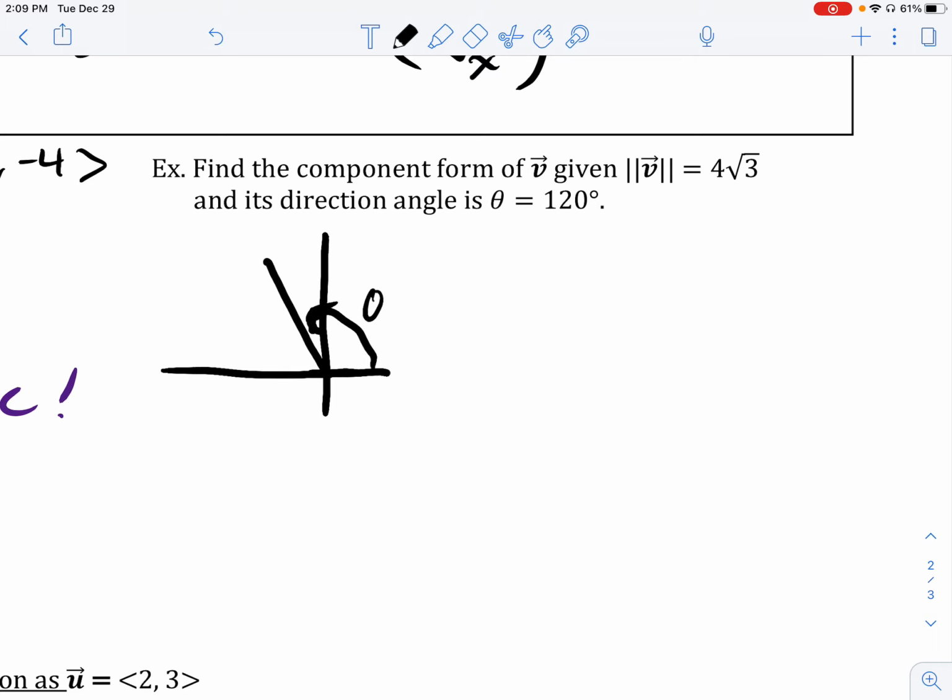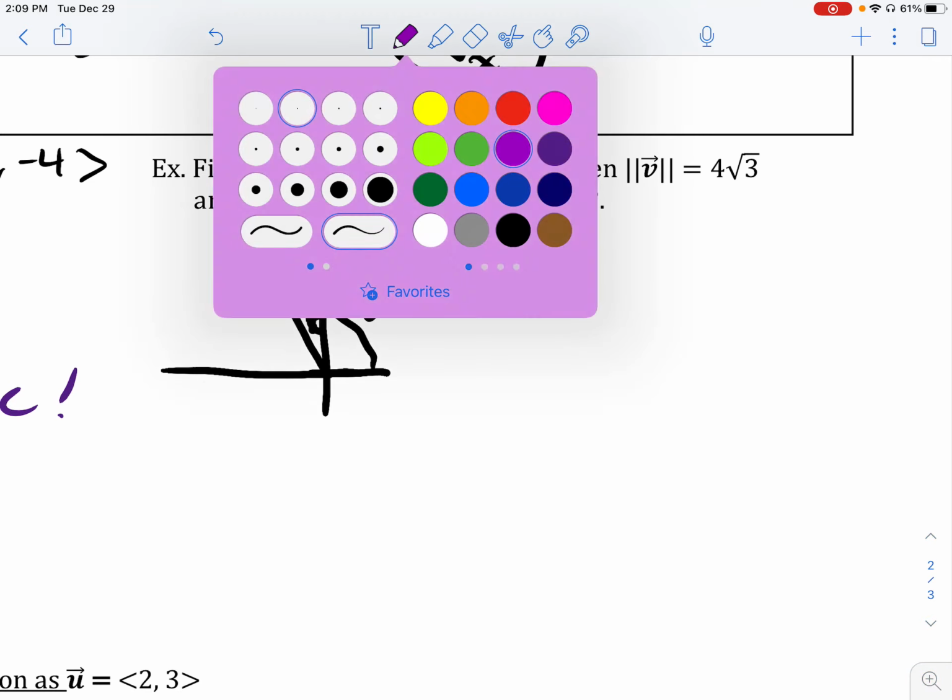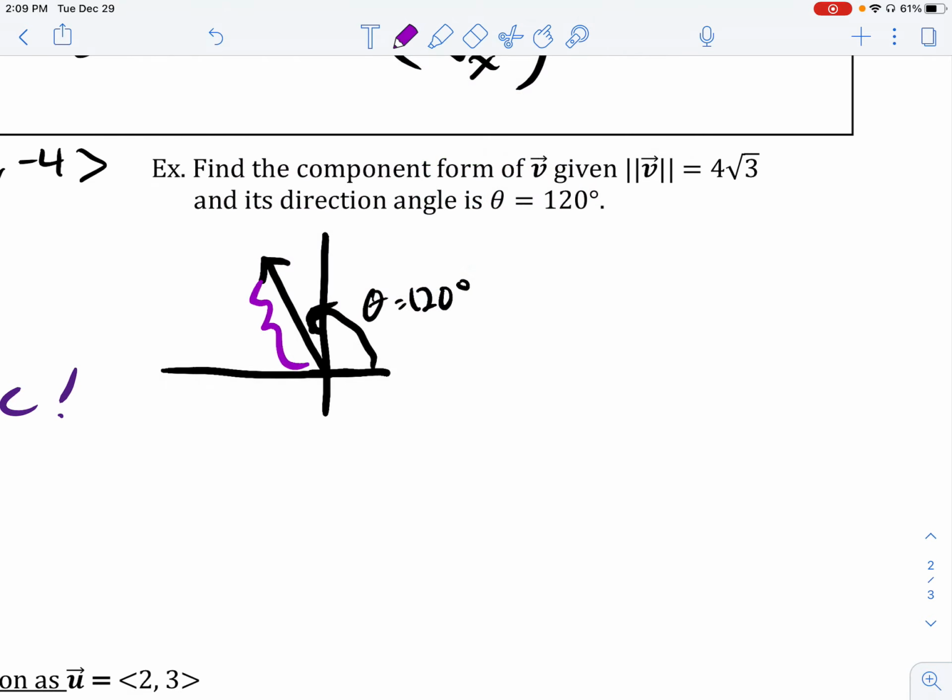So there's theta equal to 120 degrees. There's our vector, that's the direction it's going, and it has a magnitude of 4√3. Its length is 4√3. What we're tasked with finding is its terminal point, because if we know its terminal point, then we can write it in its component form.